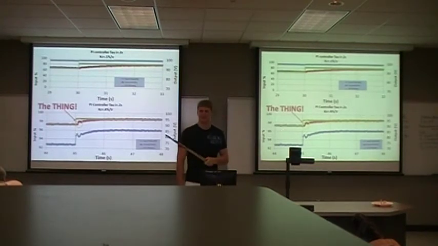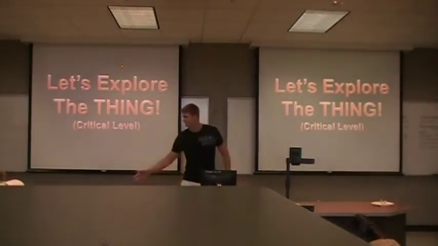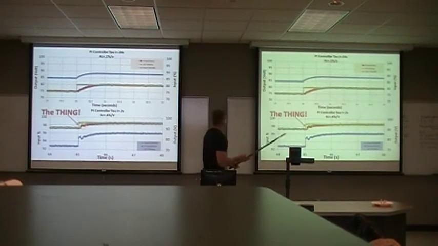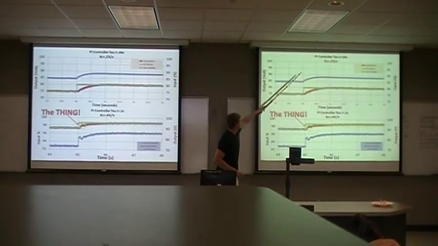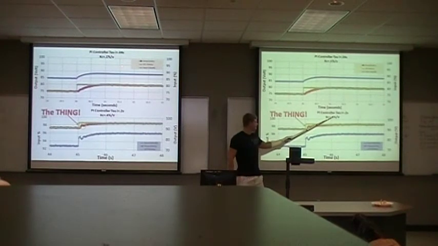We pointed this out earlier in our other presentations, but now I'm kind of wondering what that is. This is why it's different from other presentations you may have seen. Let's explore it. Here it is at 0.2 seconds with a Kc of 0.4.